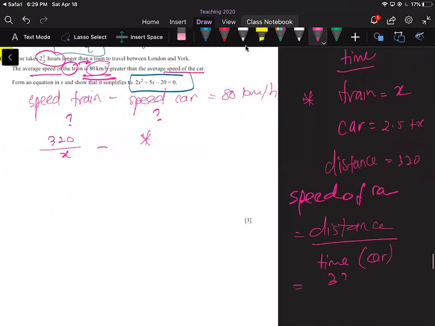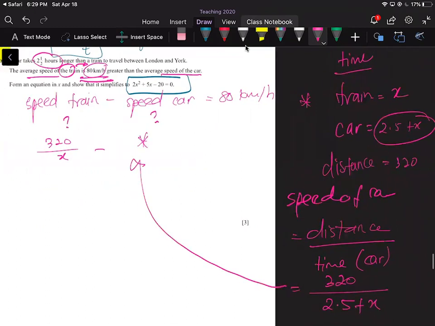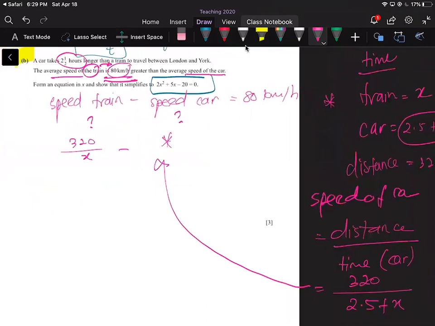So artinya 320 still the same over tadi time is 2.5 plus x. Okay, so I'm going to use that ke atas sini. So now I have, I'm just going to padam that one. So now I have 320 over x plus 2.5 is equal to 80.